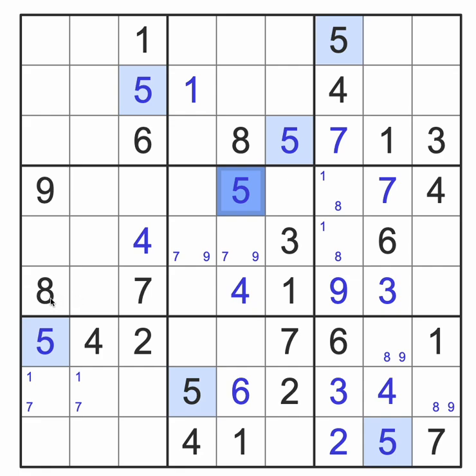And now, 8 here blocks this cell, and this cannot be 8. So 8 in box 5 will be here or here, and that blocks this cell, makes it 1. This becomes 8.